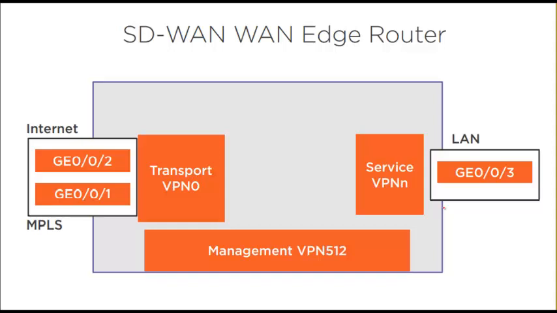This is what is called colors. So what we need to do is configure VPN 0 to carry the control traffic. Without this configuration, the control plane of SD-WAN will not be able to establish, meaning you have to write a static route or a default route or a routing protocol. Fine. This is all about the transport VPN.